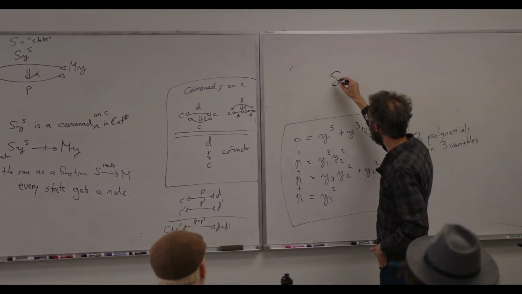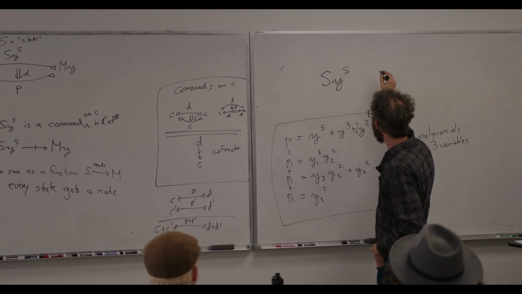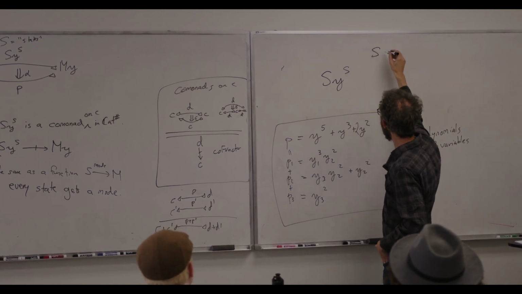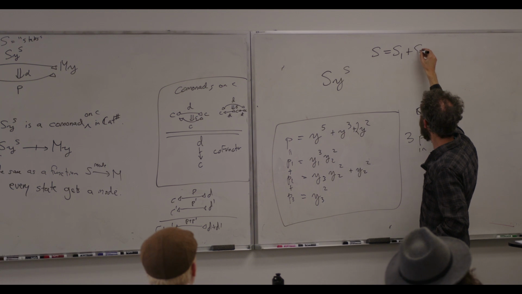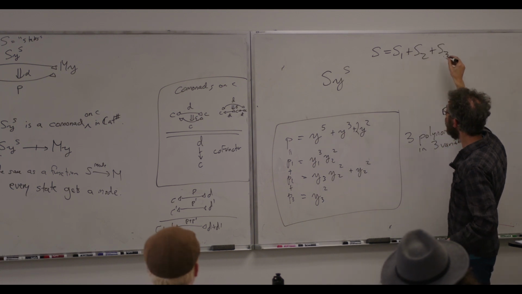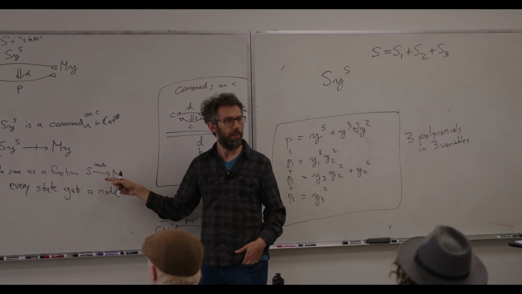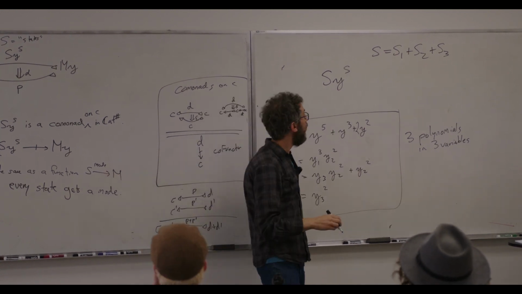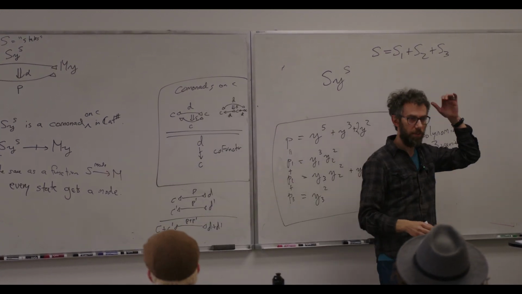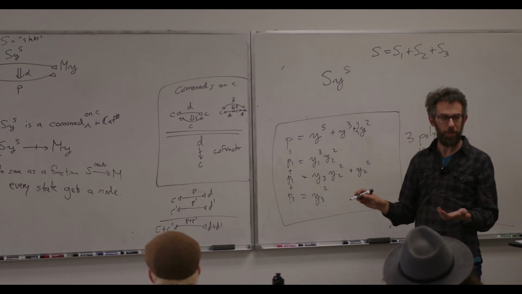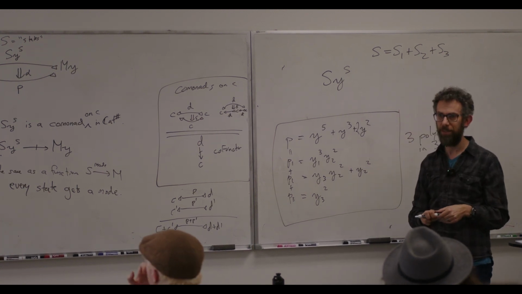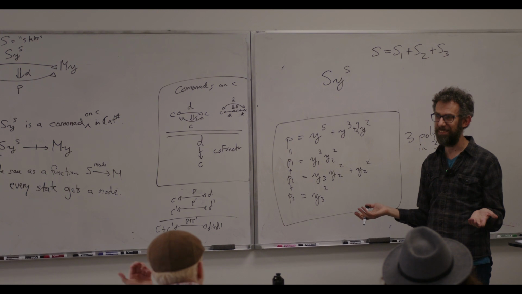So we have sy^s. And we also have that every element of S is either of type 1, type 2, or type 3, because we had this map from S to M. So S is also S1 plus S2 plus S3. And P is P1 plus P2 plus P3.